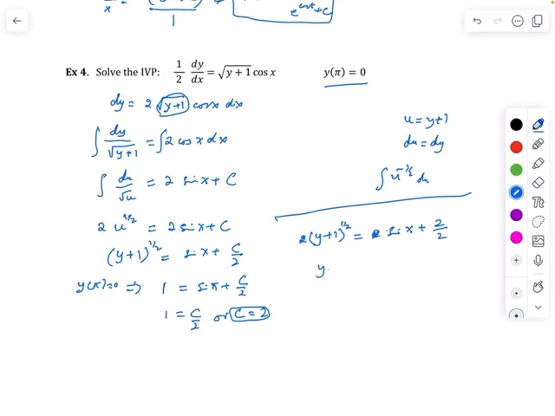So I have y plus 1 to the 1/2 equals sine x plus 1. So y plus 1 will be equal to, I have to square both sides, sine of x plus 1 whole squared. So y will be equal to sine of x plus 1 whole squared minus 1.